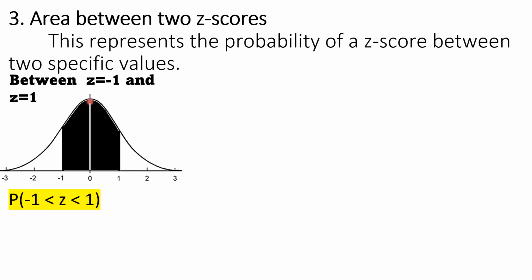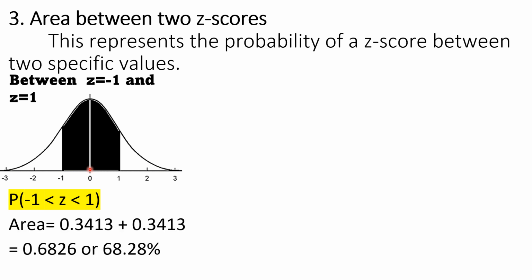And then you identify on the normal curve if it touches the mean. Does it touch the mean? Yes, of course, it's at the middle. Therefore, what will you do? Will you add or subtract? Of course, you will add. That's the technique there. So therefore, you will add the area of -1, which is 0.3413, and the area of +1, which is 0.3413.